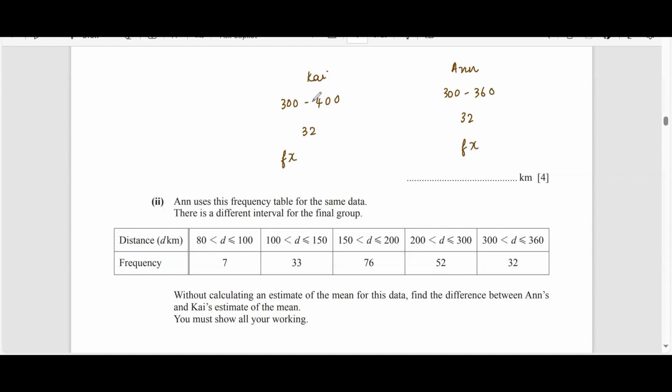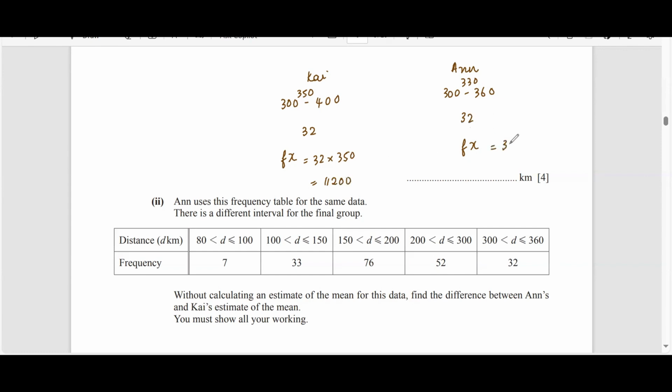Fx means frequency multiplied by the midpoint. Here the midpoint between 300 and 400 is 350. Here the midpoint between 300 and 360 is 330. So fx will be frequency 32 into midpoint 350. 32 into 350 will be 11,200.